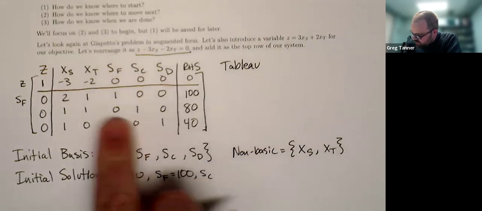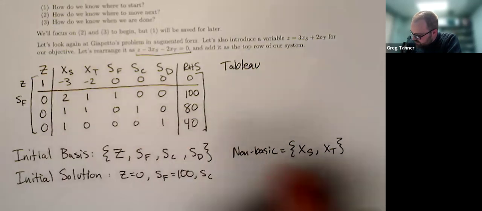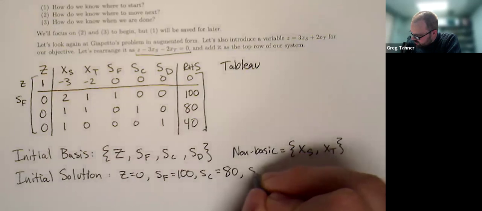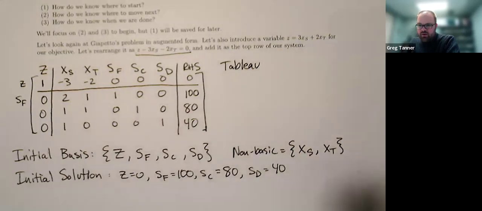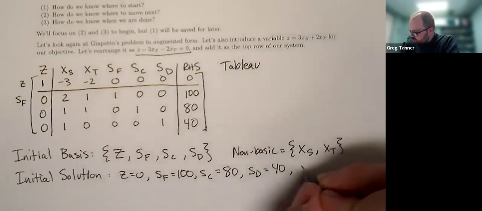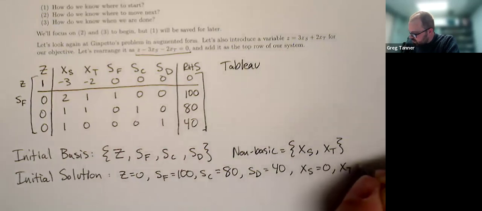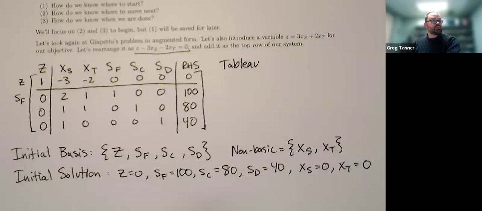SC, similarly, we can read off from this row. These get zeroed out, and we get SC equals 80 and SD equals 40. Okay, and this is actually one of our basic feasible solutions from last time. And then we can tack on that XS equals 0 and XT equals 0, because they are the non-basic variables. So that is our initial solution.